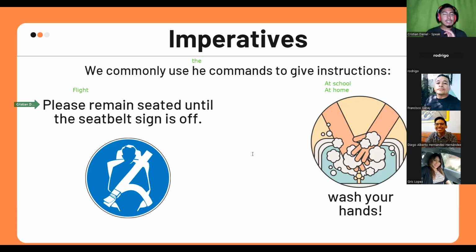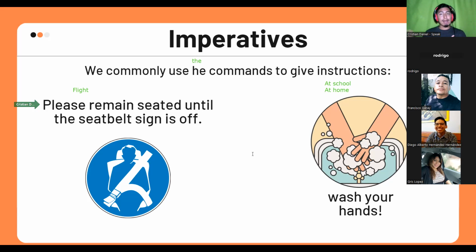In some cases, she didn't need to say, Christian, wash your hands, or Rodrigo, wash your hands. She just needed to say, hey, wash your hands before eating. And that was all she needed to say. And we understood. In some other cases, when maybe she was angry, she told us our full name and then wash your hands.